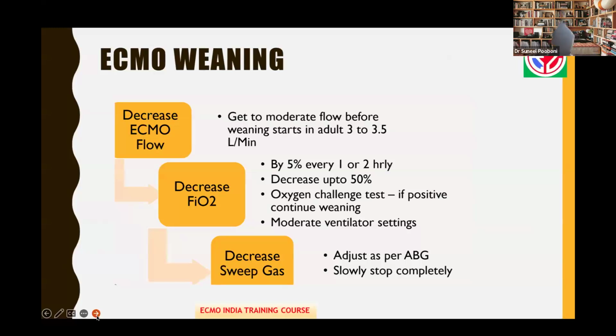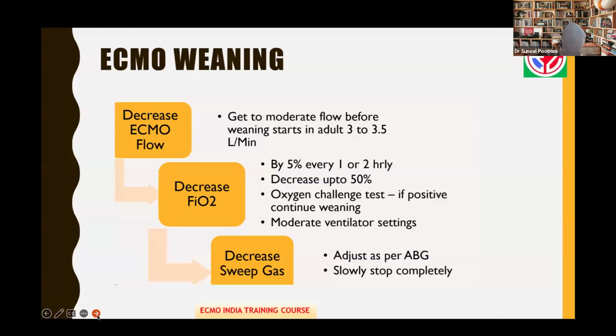So the weaning part, very briefly. Respiratory ECMO is mainly dependent on the gas supply. So you tend to wean by reducing the sweep flow before weaning saturations in adults. 3 to 5 or 5.5 liters per minute could be the weaning flow in adults.